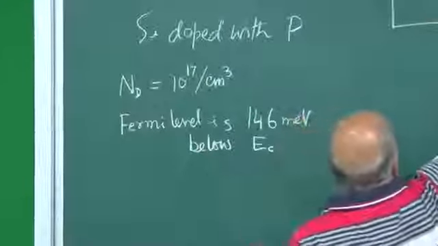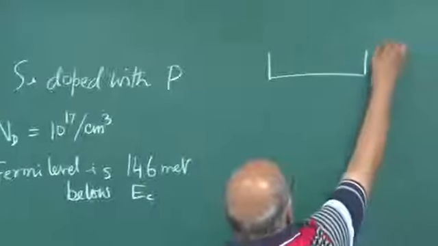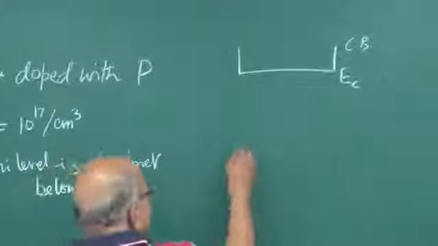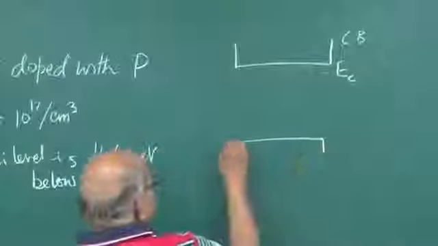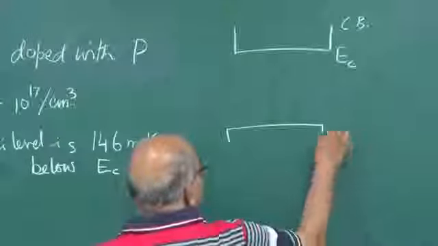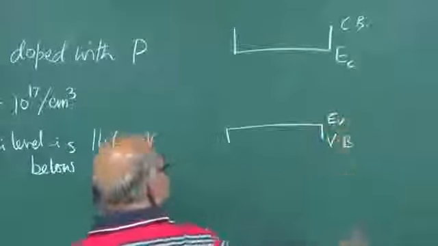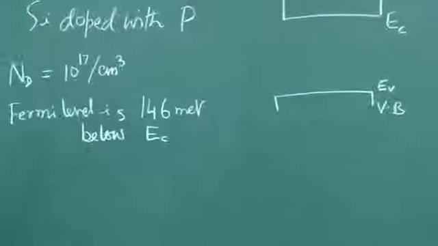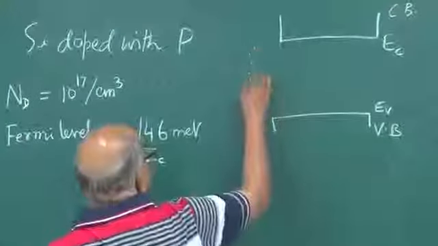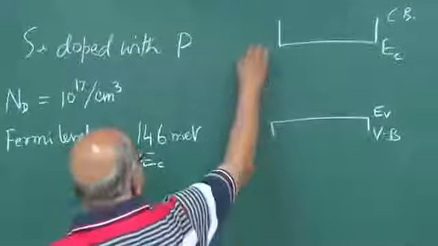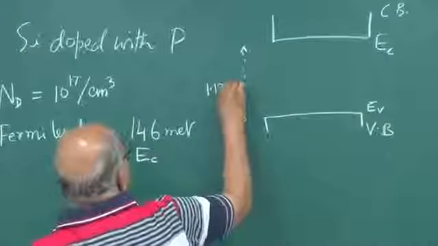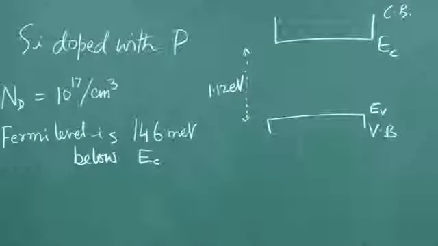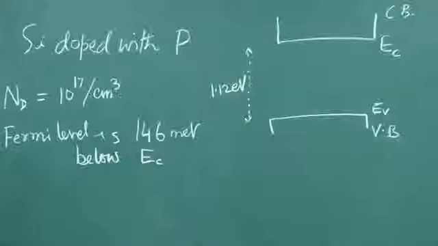The lowest energy in the conduction band, that we write as EC, and the highest energy in the valence band, that we write as EV. So it says that it's silicon, so you know how much this is. This is around 1.12 eV, and the Fermi energy is 146 meV below EC.